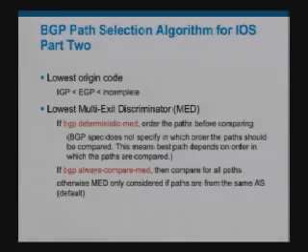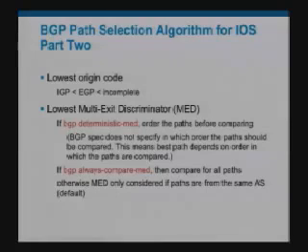After that, we compare MED. And by default, we compare MED if paths are from the same AS. Okay, if paths are from the same AS, we compare MED. If paths are not from the same AS, we move on. But many, many years ago, big ISPs who have multiple links to each other said, well, we always want to be able to compare MEDs, no matter which AS they've come from.